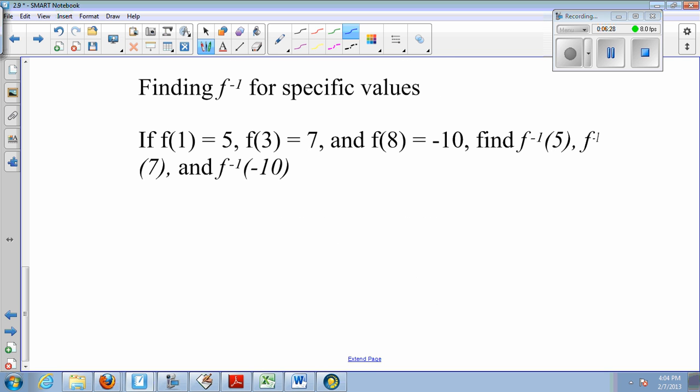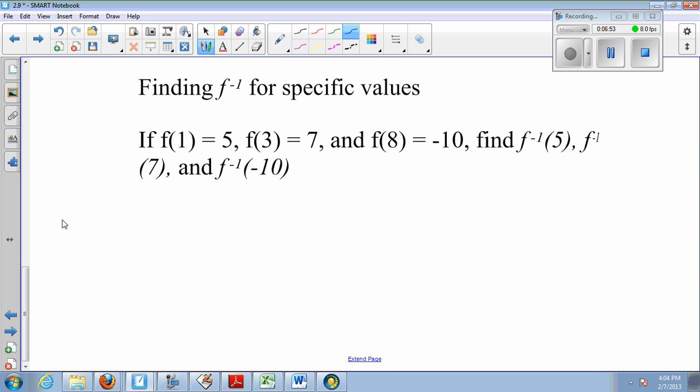So we're going to find the f inverses for the specific values. If f of 1 equals 5, f of 3 equals 7, f of 8 equals negative 10, we're going to find f inverse of 5, f inverse of 7, and f inverse of negative 10.